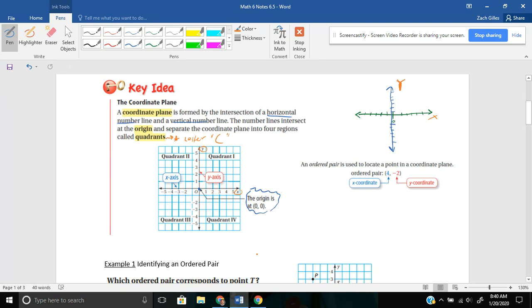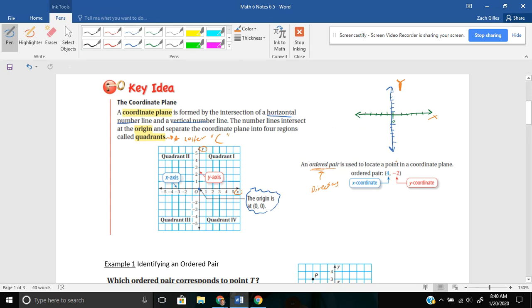And the last piece of information that I'll give you is, to find where certain points are located on this coordinate plane, you use what's called an ordered pair. An ordered pair is like directions. It tells you where you need to go on this coordinate plane.